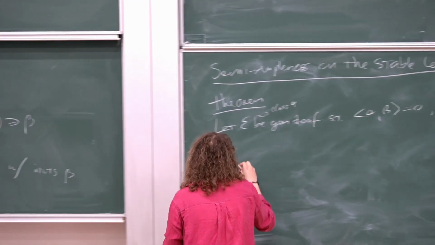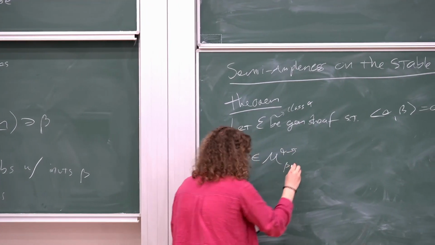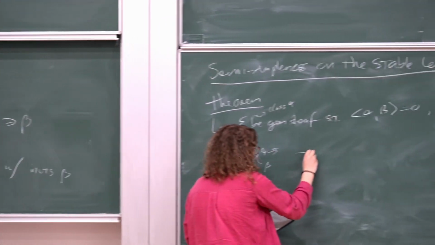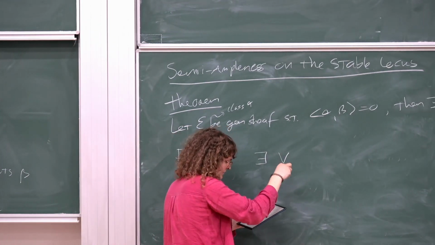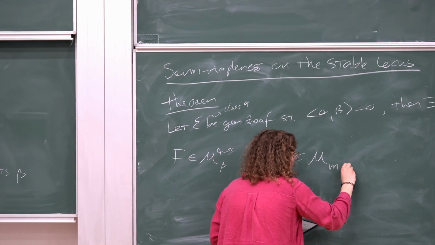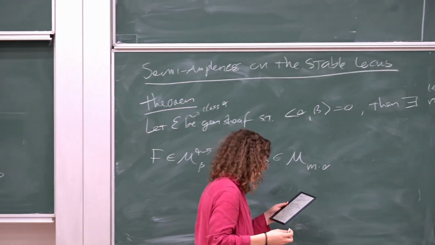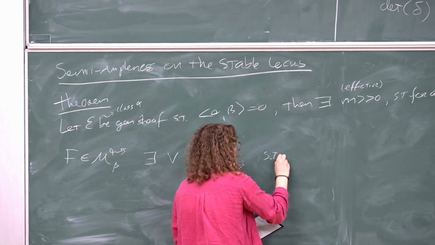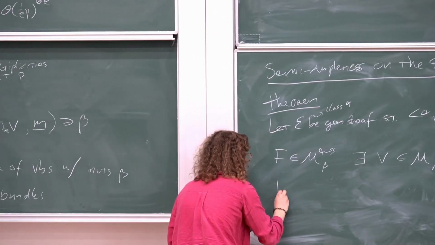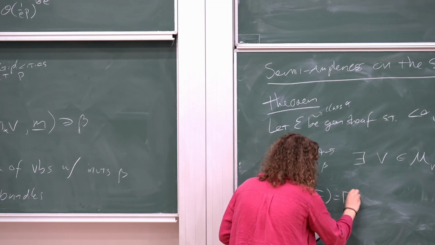Such that for every single bundle F inside of M, alpha semistable beta, there exists some V inside M times alpha, so these will provide sections of the Mth tensor power of our original bundle, such that everything vanishes.